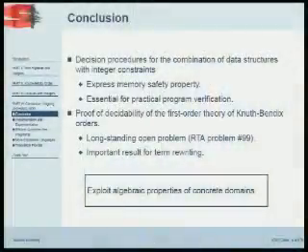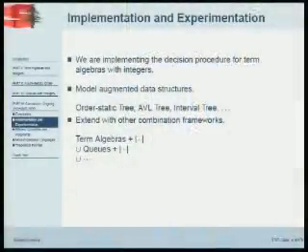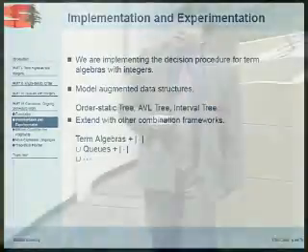We show the decidability of the first-order theory of Knuth-Bendix Order, and solve an open problem, RTA problem 99, which is itself an important result for term rewriting. Our slogan is to exploit algebraic structures and properties of concrete domains. We are doing implementation and experimentation.